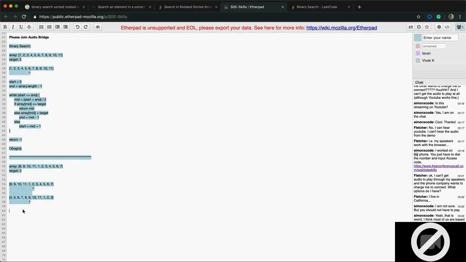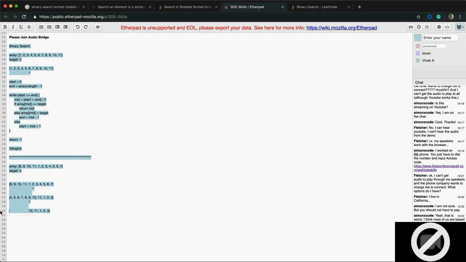Then we need to go on the right side. So we compute the midpoint of the right side, which would come out to be 1, I believe. So we do the same thing. We take 1 and compare it to 10 and 3, and then we know which part of the array is rotated, and we go to the right side again and we'll find 3.